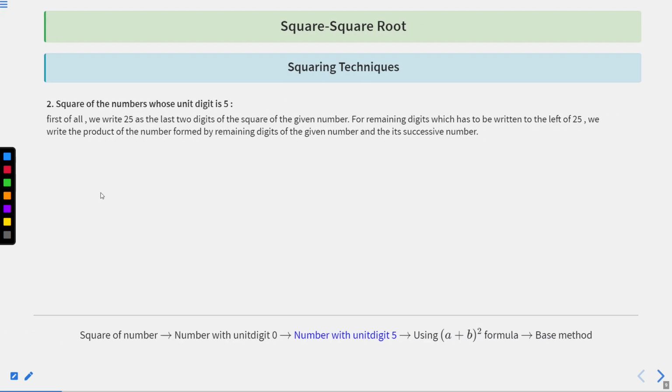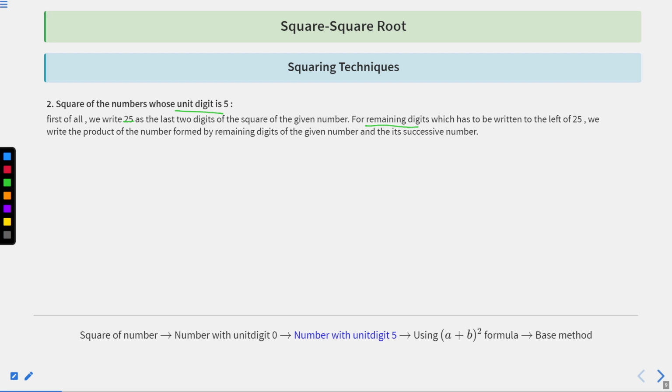Now, what if you have a number in which the unit digit is 5? How do you find the square of numbers whose unit digit is 5? First of all, we write 25 as the last two digits of the square of the given number.